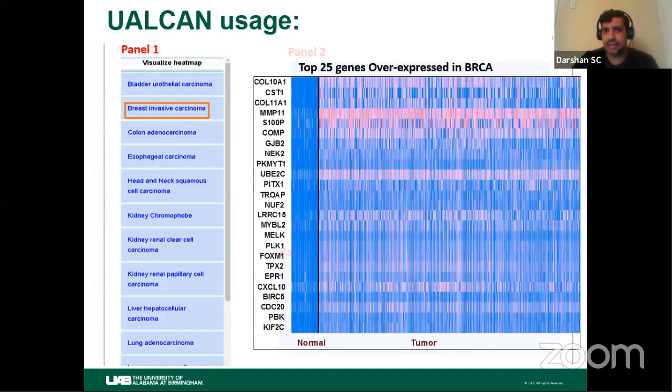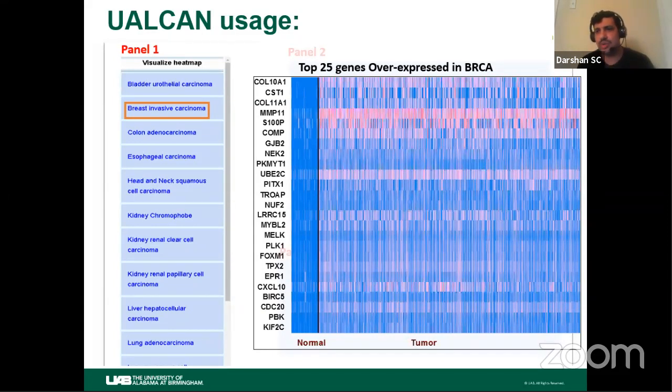Again, this feature is mainly for those who are new to cancer and want to identify genes that are highly expressed or lowly expressed in cancer compared to normal. This feature is available only for about 14 out of 33 cancer types, because for the rest, either the normal samples are not sequenced, or there is a very low number of normal samples, something like less than 10.